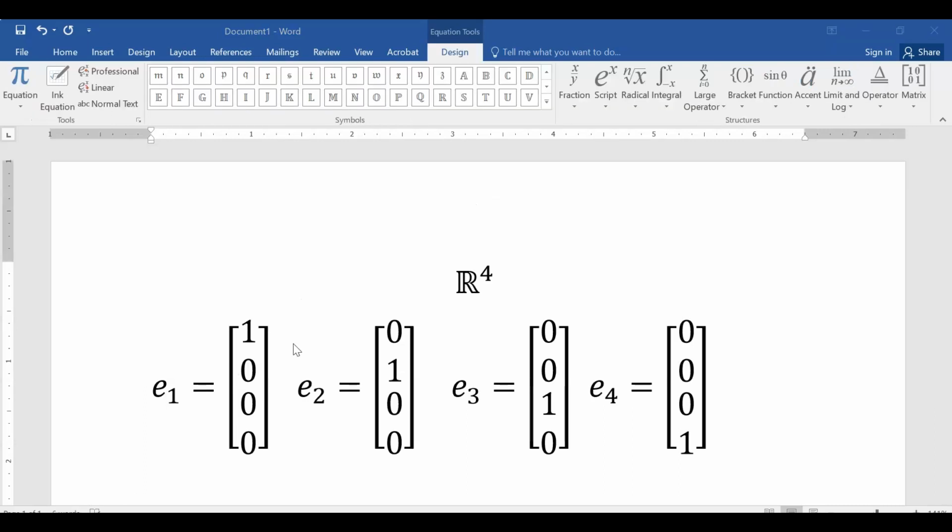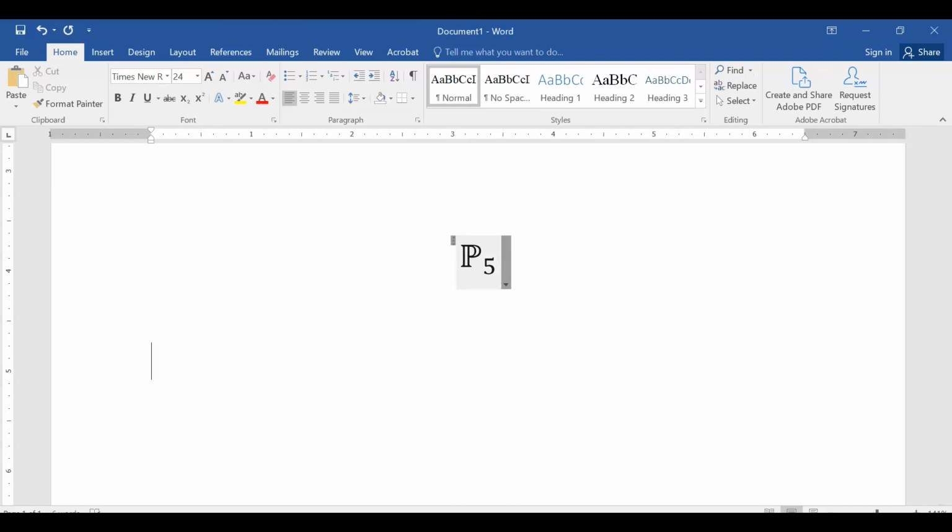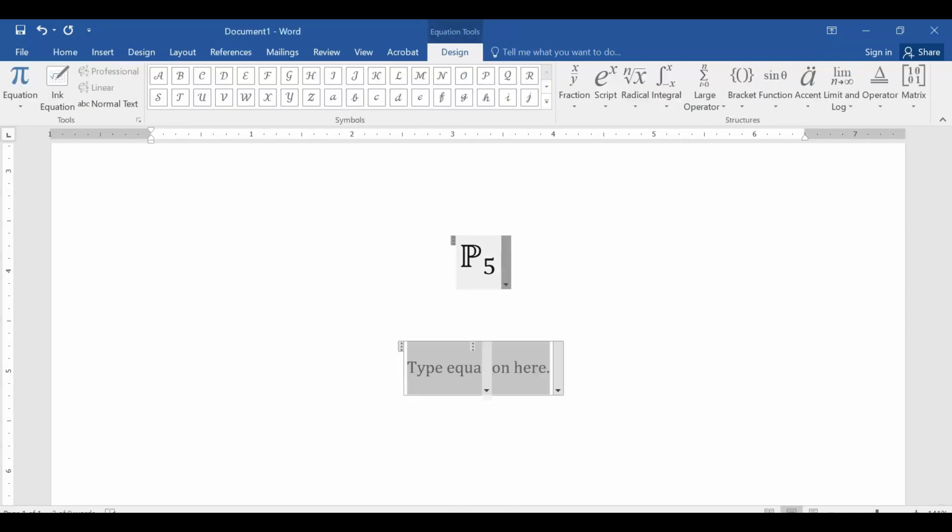All right, so let's take a look at P sub n, the polynomials of degree n or less. I'm going to do this for P sub 5. Remember the standard basis would be the set containing x to the 5th, x to the 4th, x to the 3rd, x squared, x to the 1st power, and a constant 1.